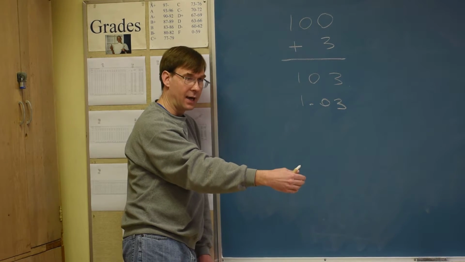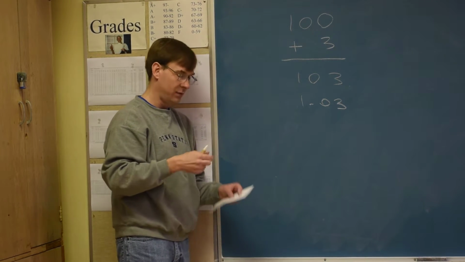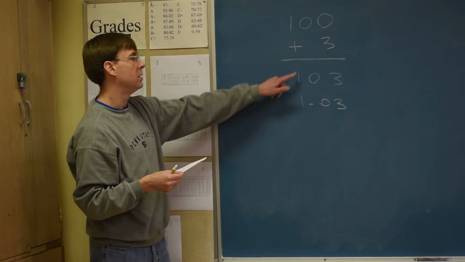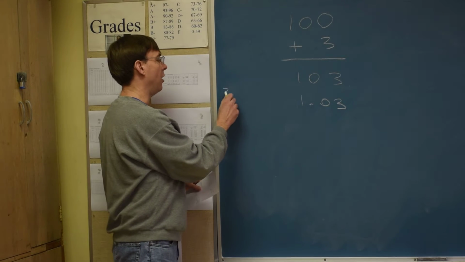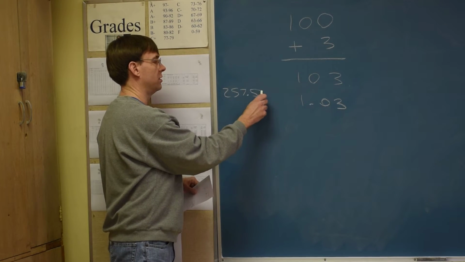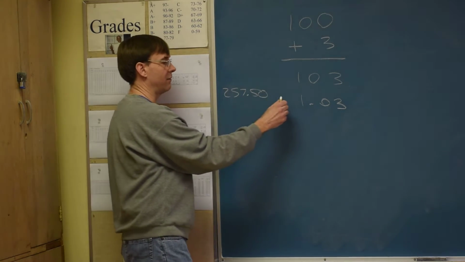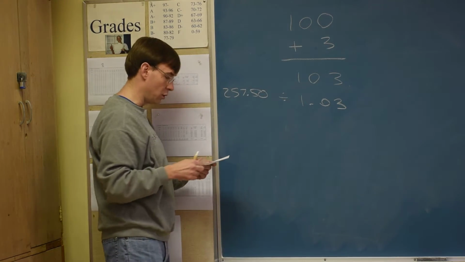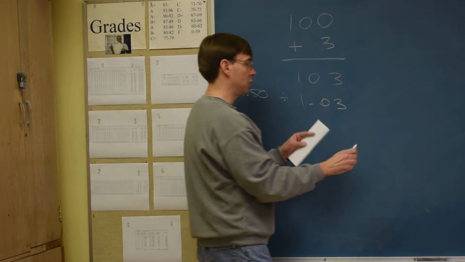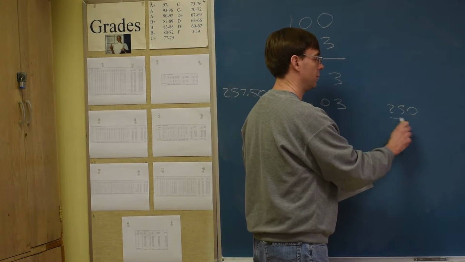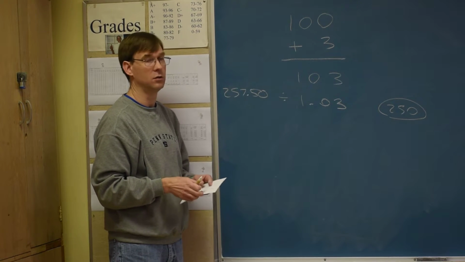So we're going to take a final amount and divide our way back. So I would tell you a story like you got a 3% raise, your new salary is now $257.50. So you would have to take the $257.50 and divide by 1.03. And what that should produce for you, again, using calculators for these if you like, should get you $250.